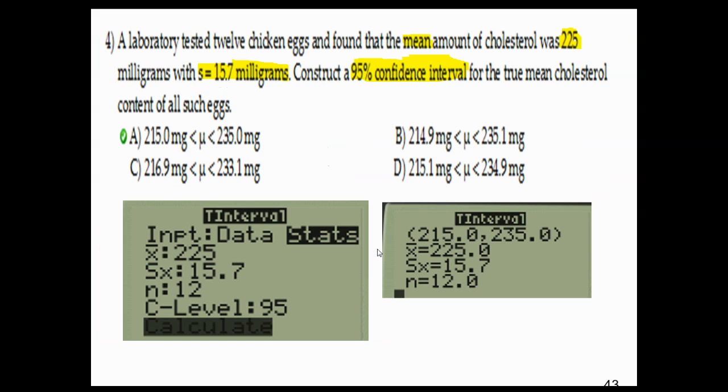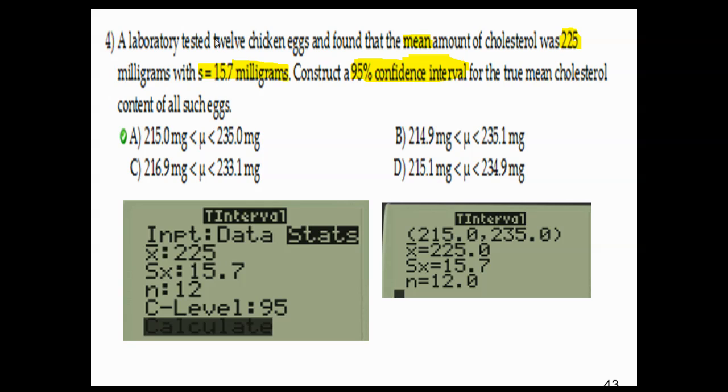All right, a laboratory tested 12 eggs. There's my n value. The mean amount of cholesterol, 225. The sample standard deviation is 15.7. I'm looking for a 95% confidence interval. All right, so stats again, because I'm given stats. I'm given the mean, I'm given s, and so forth. Go to stats, x bar, 225. That's the mean. s, the standard deviation of a sample, 15.7.